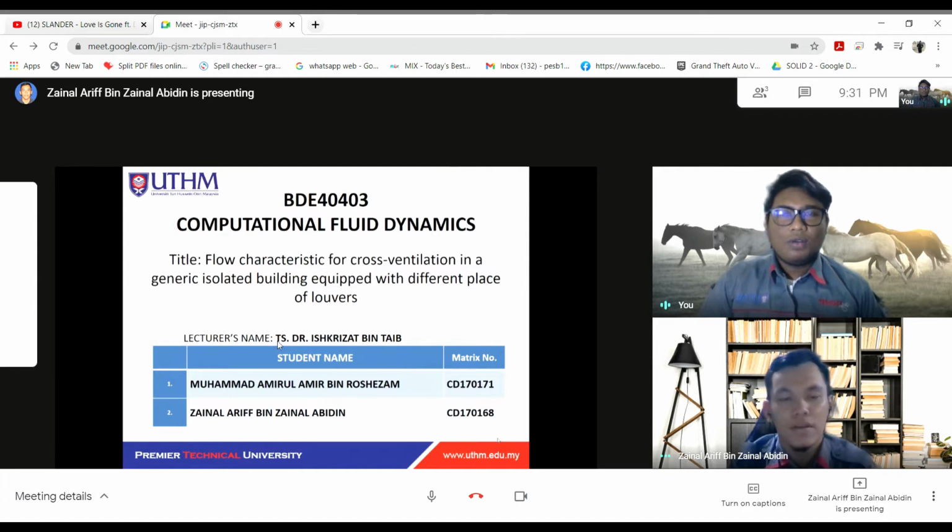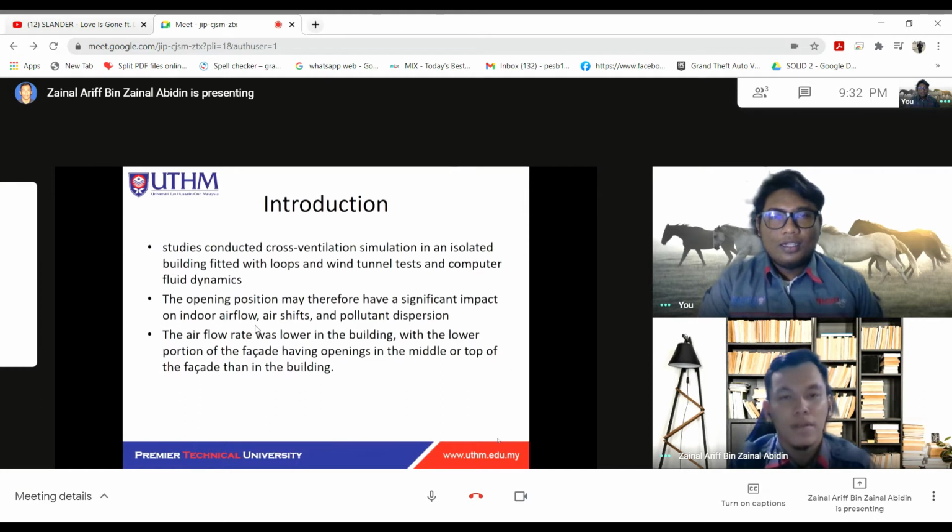For our project, our title is Flow Characteristics for Cross Ventilation in a Generic Isolated Building Equipped with Different Places of Louvers. For the introduction, the study conducts a cross ventilation simulation in an isolated building fitted with louvers, using computational fluid dynamics.